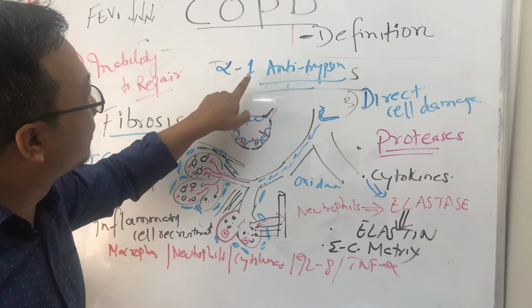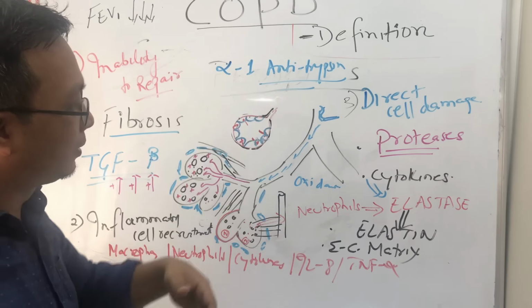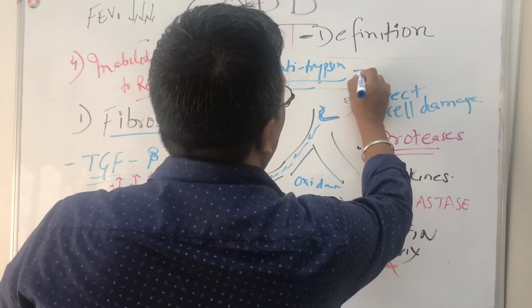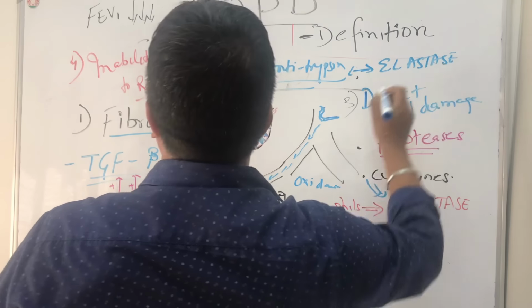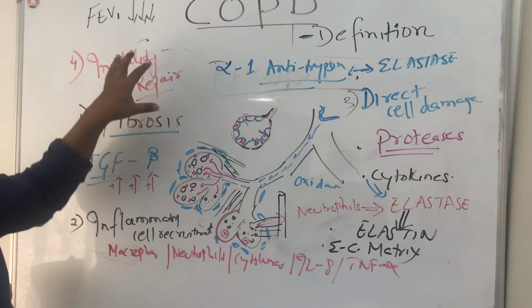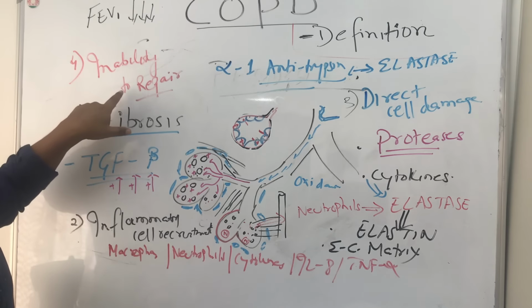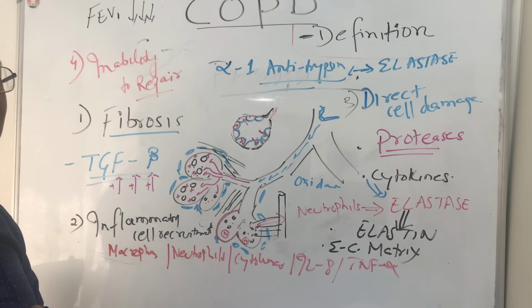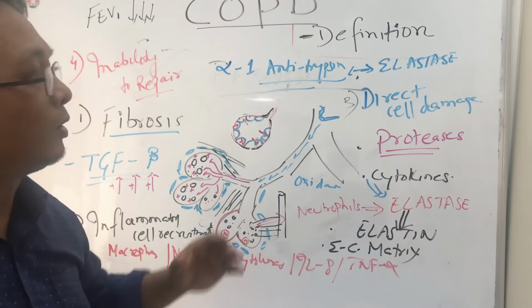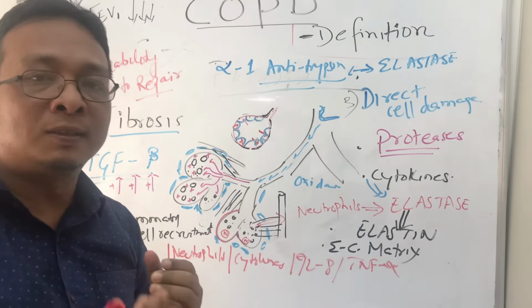So whenever this balance is lost between alpha 1 antitrypsin and elastase, then our body cannot repair anymore. So we have a limited ability. That's what I am telling you. We have a limited ability to repair. So there is a proper balance, which is called the elastase and anti-elastase theory.